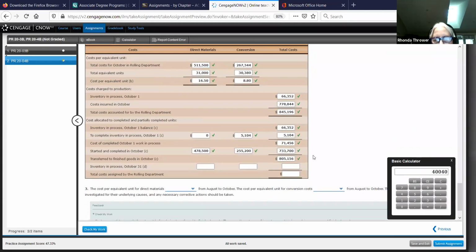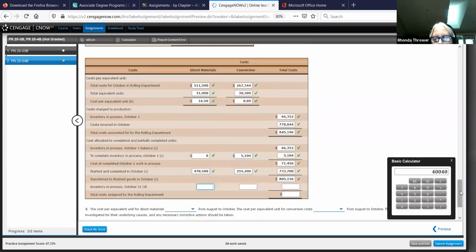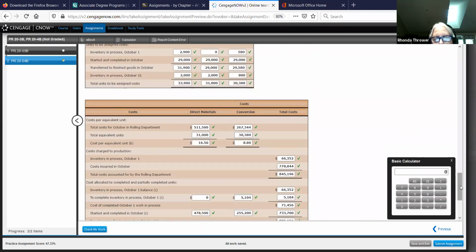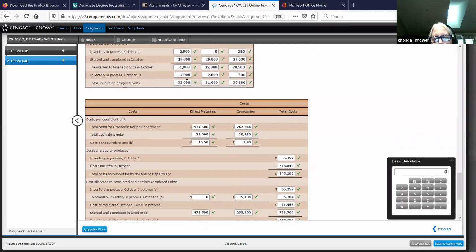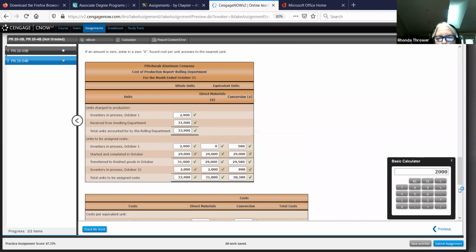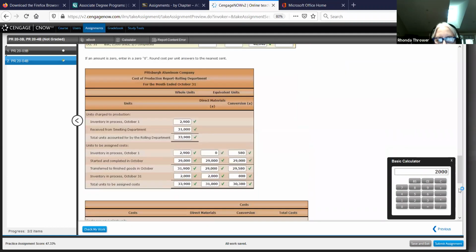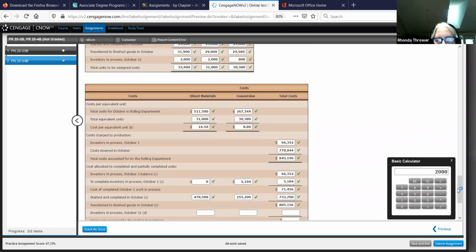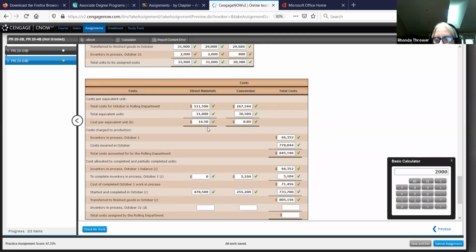And getting back here, we need to calculate the cost of our ending inventory. We're going to do this by taking the ending inventory units for materials, which was 2,000, and we're going to multiply that 2,000 by the materials cost. Sorry, your materials cost is $16.50.